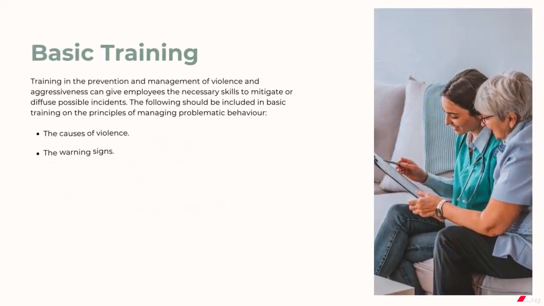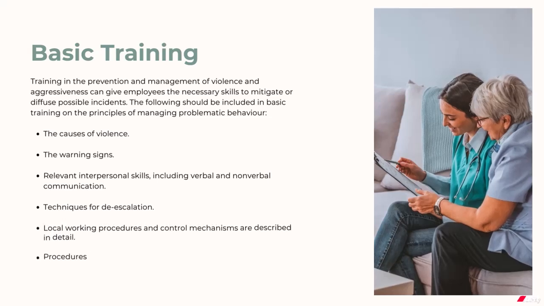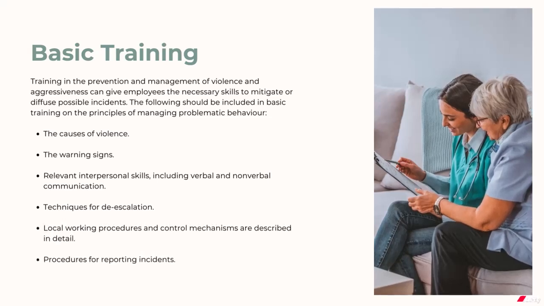Basic training. Training in the prevention and management of violence and aggressiveness can give employees the necessary skills to mitigate or defuse possible incidents. The following should be included in basic training on the principles of managing problematic behavior. The causes of violence.